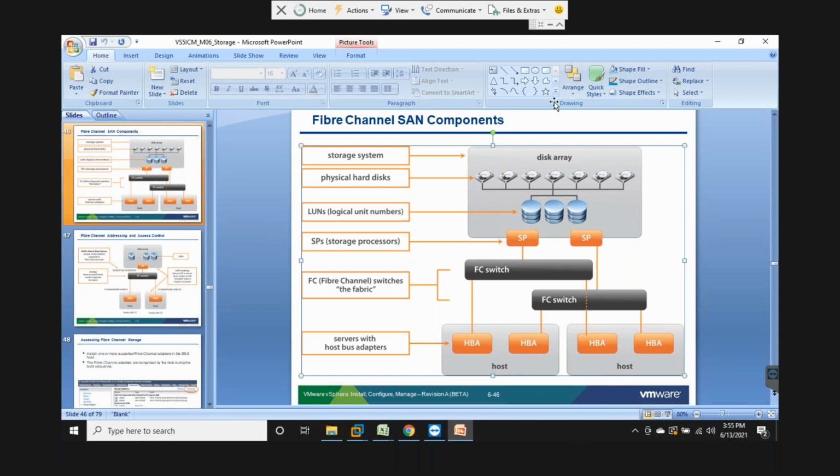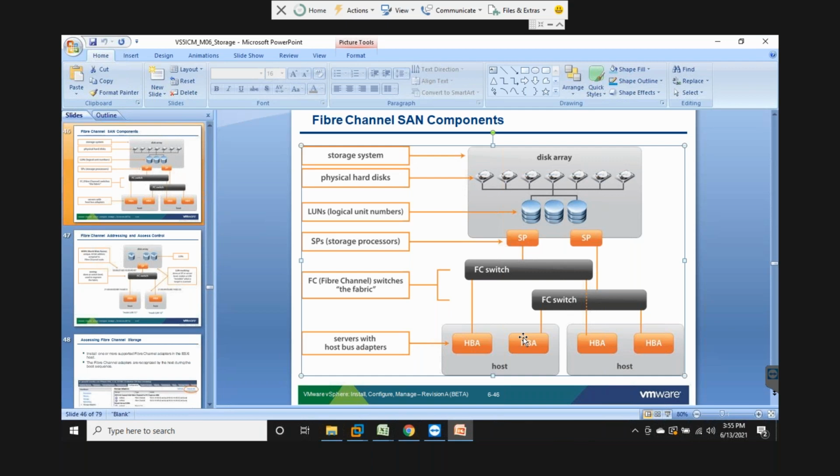Okay, this is your entire storage unit. Storage system, physical hard disk, LUN number, and two redundant storage processors. Leave aside this middle one. Now come to this host or ESXi host. Again, a server with HBA.